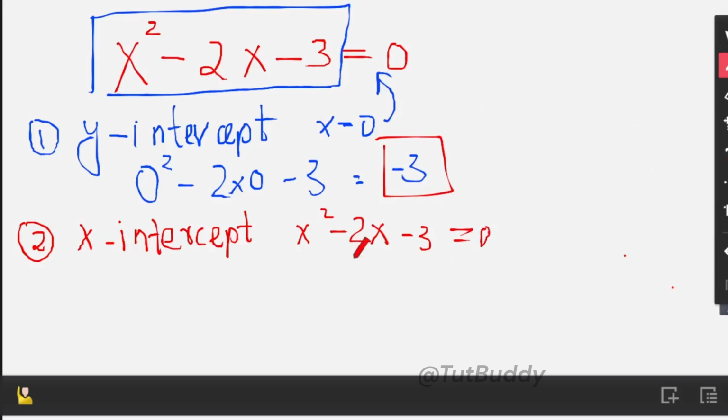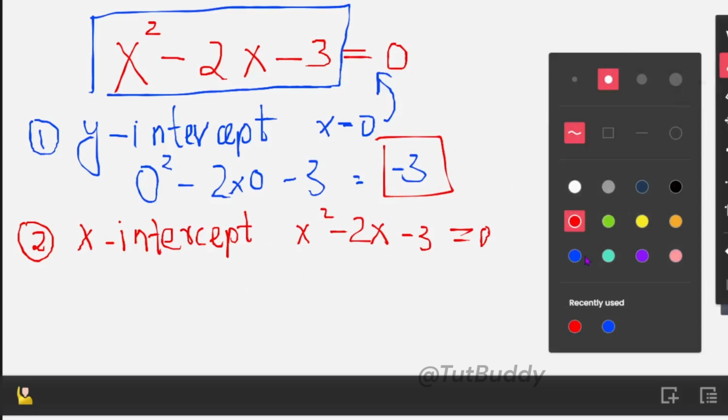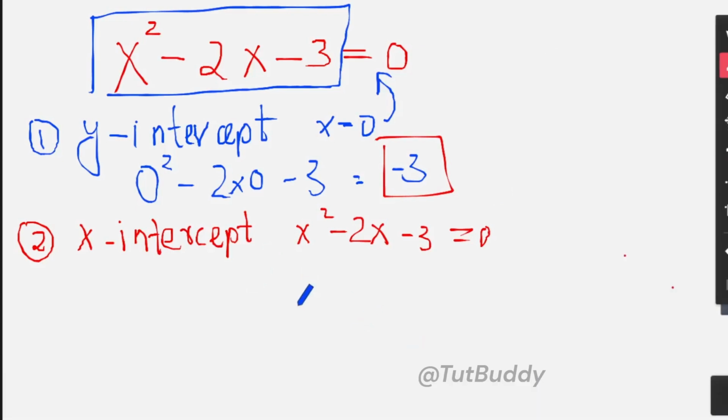Now, how do we factorize it? We try to get two values where if I multiply them, I should get minus 3, and if I add them, I should get minus 2.